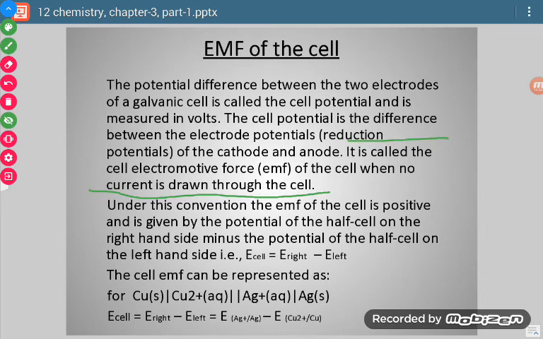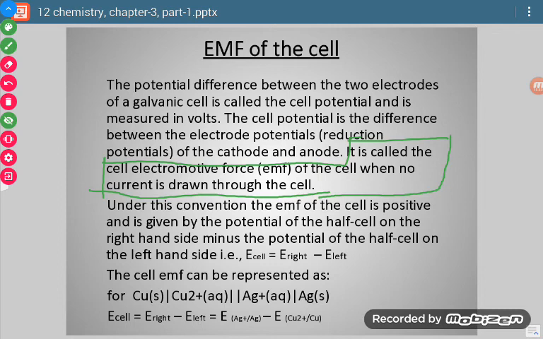So you can define it like this also: EMF is when no current flows, or we can say when external voltage is equal to cell potential, then there is no flow of current. That much external potential will be equal to the EMF of the cell.